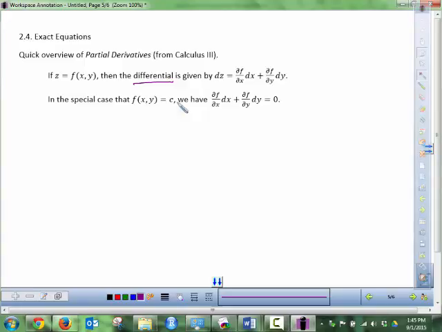And for Calc 3 students, they would identify this as a level curve, and here the derivative of a level curve is 0, which means if you're looking at a level curve, you're not going to go up or down in your height. Okay. That's just for Calc 3 people who have taken Calc 3. If you haven't, then don't worry about it. Not a big deal. So this is our differential, and it turns out that there's a nice property where this would equal 0.